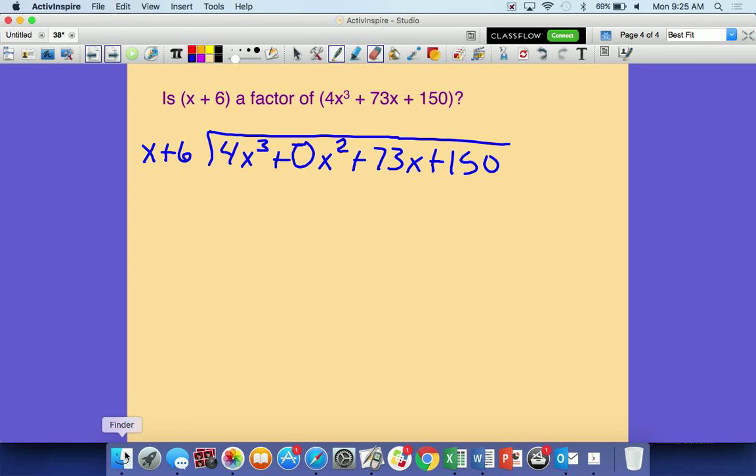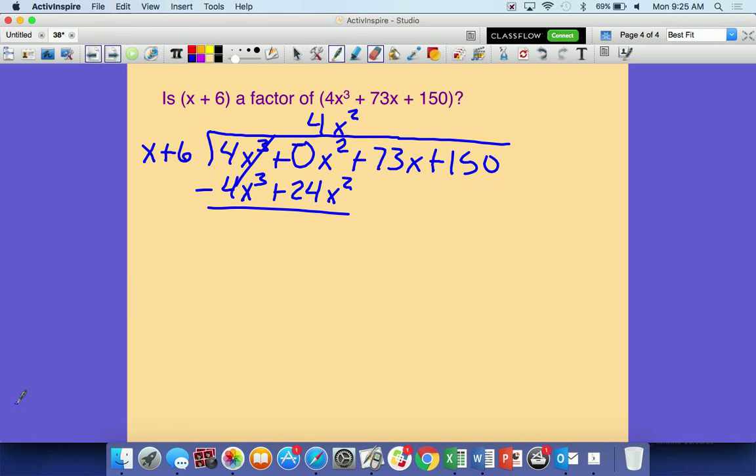Alright, so then we divide them out, x times what goes into this? That'd be a 4x squared times. 4x squared times x is 4x cubed. 4x squared times 6 is 24x squared.